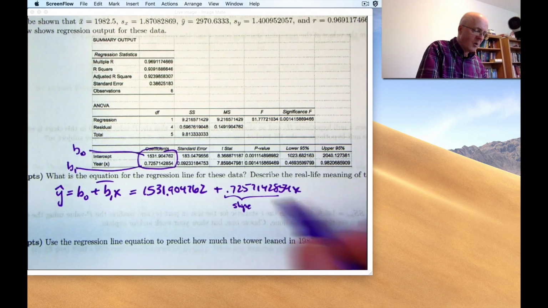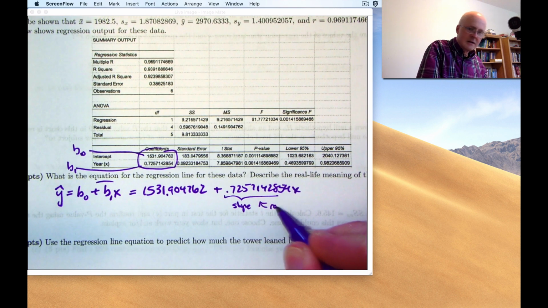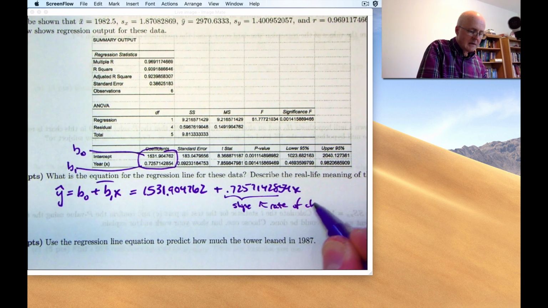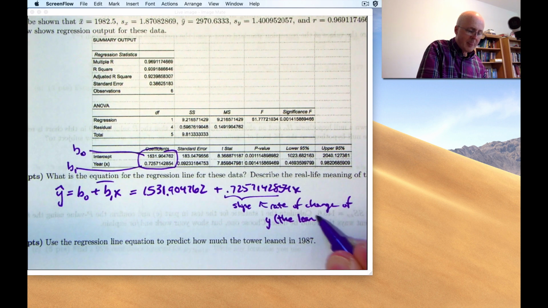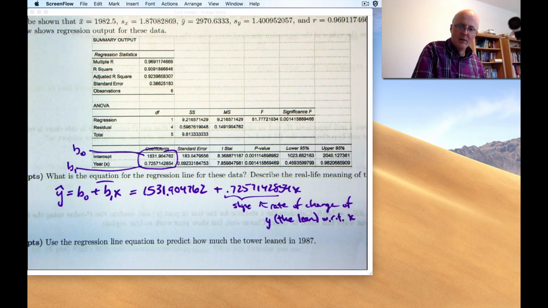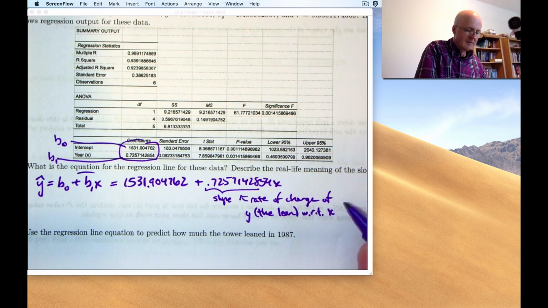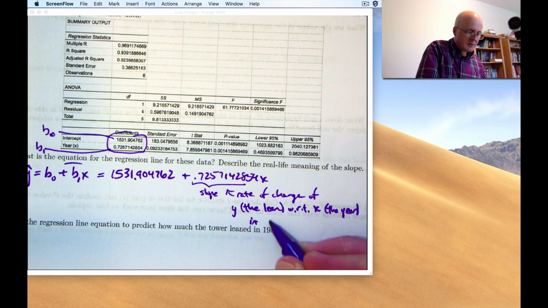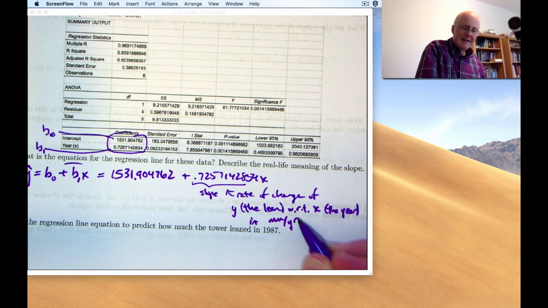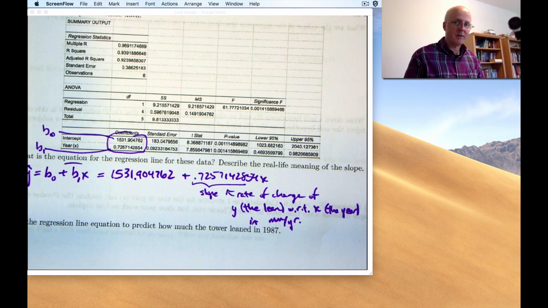So this is the rate of change of y, the lean, with respect to x, the year, in millimeters per year.